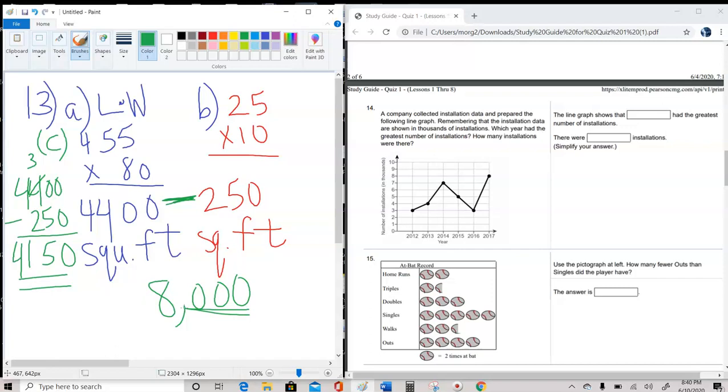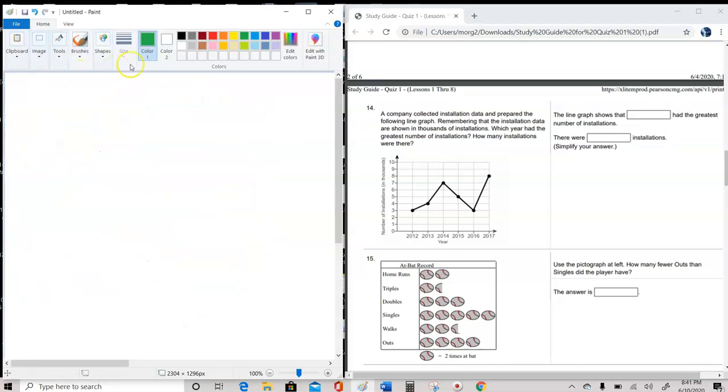Number 15 is a pictograph. Use the pictograph at the left. How many fewer outs than singles did the player have? Each baseball represents 2 times at bat.